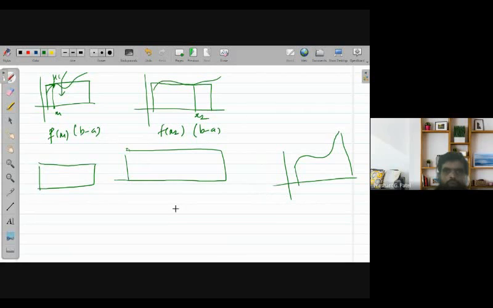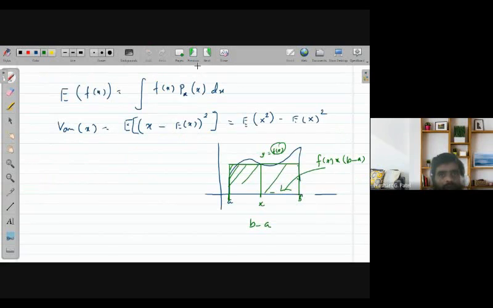So we'll have such areas, and the average of those areas will give you the approximate answer for that integral.